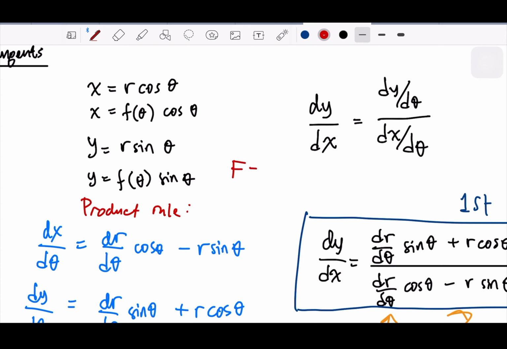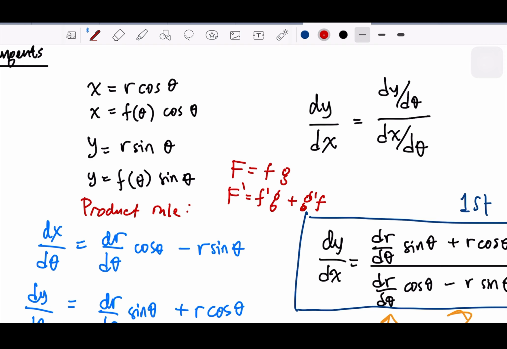Right. If this is f g... okay. So this is from the product rule of each of x and y. Okay. So if you forget which one is plus and which one is minus, you can always do this.